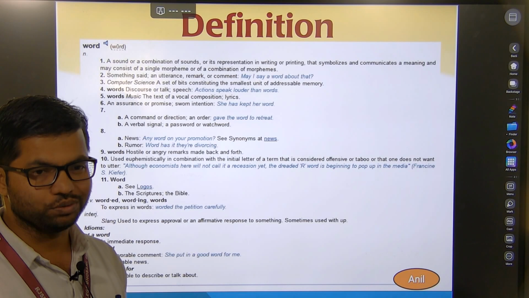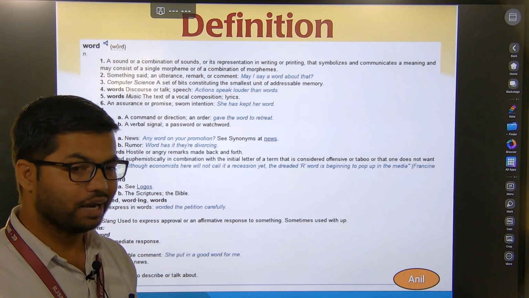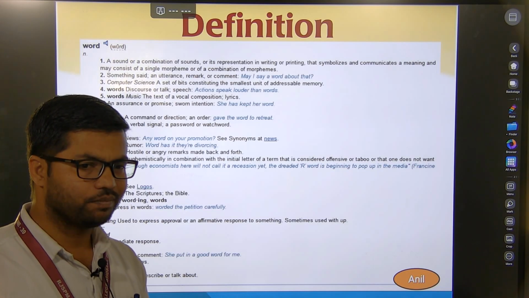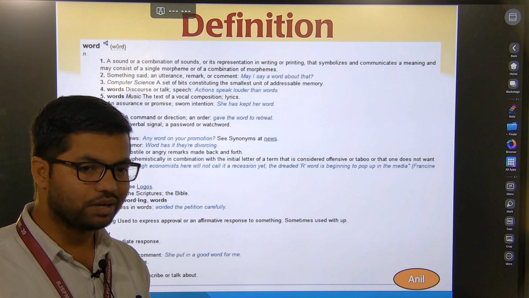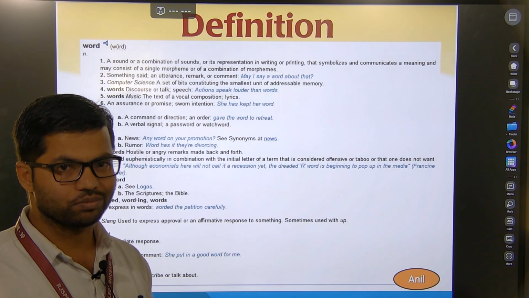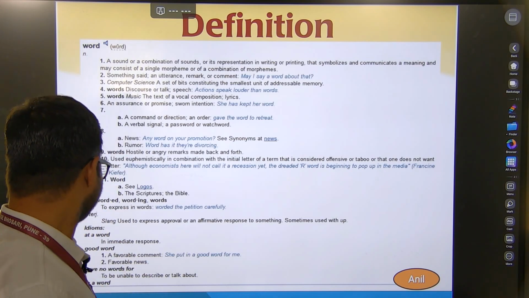You could find the usage also, you could find synonyms, antonyms, their collocations and how to use the words. That is why the dictionary is a very important part when we go to the target language, when we say it is a foreign language or second language.